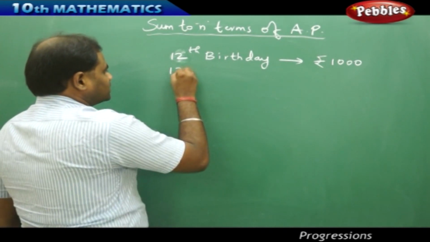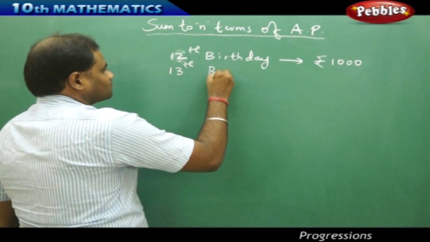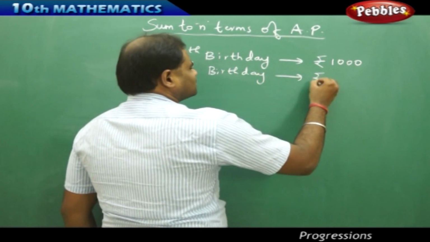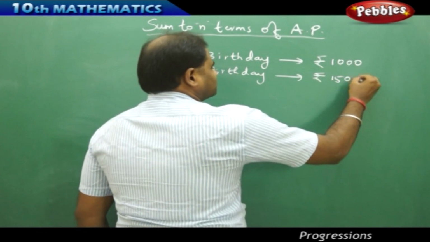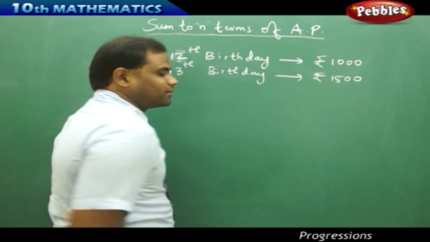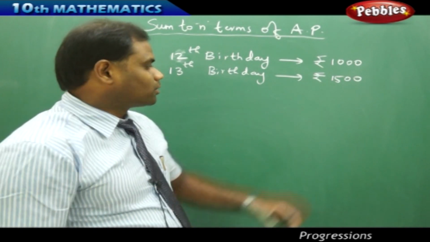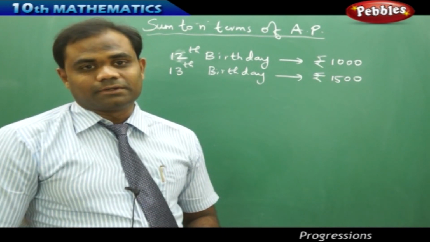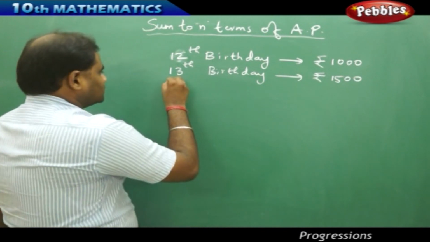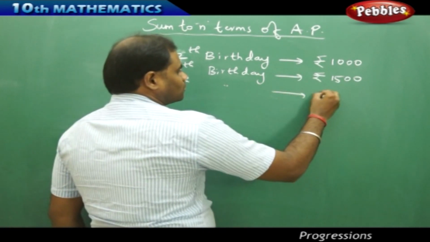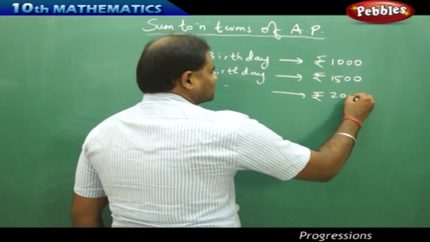Similarly, on my next 13th birthday, my dad gave me 1500. So every time he was increasing 500 rupees as an increment in the pocket money I was receiving. Similarly, on my 14th birthday, I was given 2000 rupees.